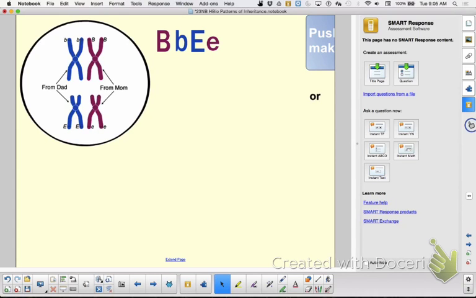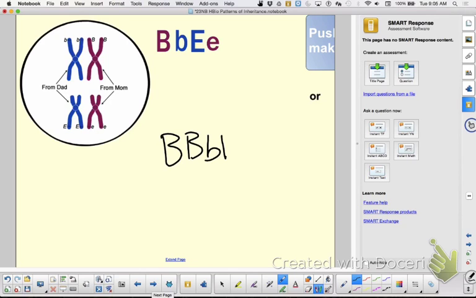Now, when you look up here, these are sister chromatids. That's why I have two copies of that little b and two copies of that big B. But as far as what the genotype is, I have one big B and one little b. I've just done replication. You wouldn't write it out like that.